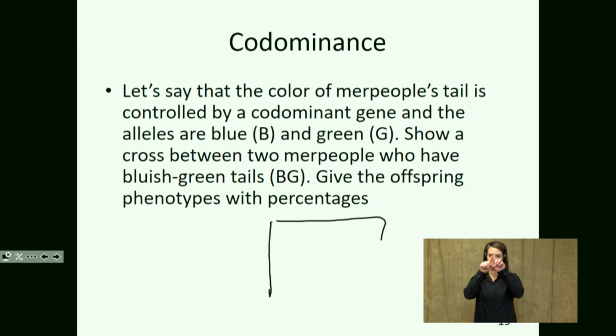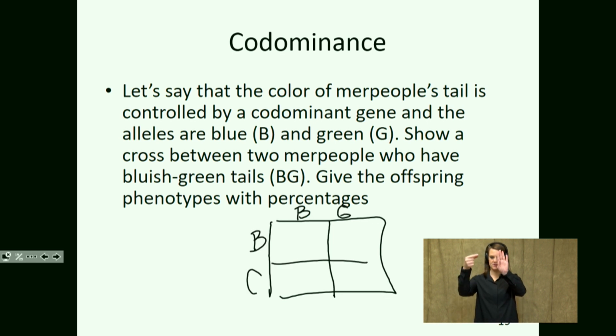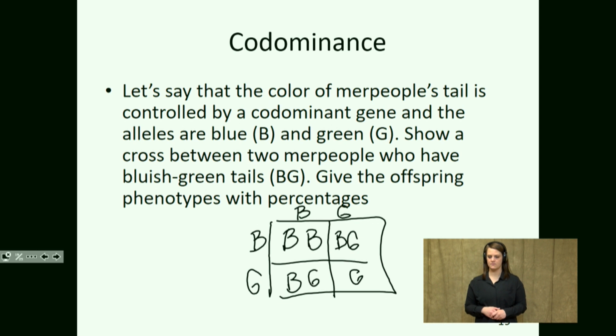All right, so if we were to do that, again, we're going to do our Punnett square just like before. B, G, one parent across the top, one parent down the side. All right, and when we look at it, we have one BB, which is blue, which is 1 out of 4, 25%.